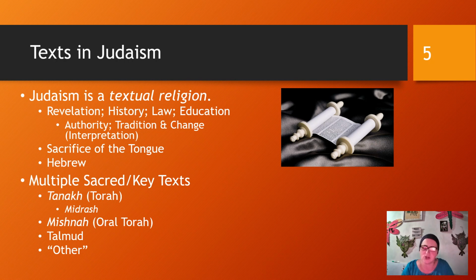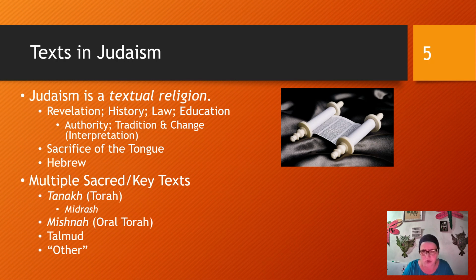Judaism is also a textual religion because it is primarily the way to know God through God's revelation in the Bible, through the details that we get about God in the Bible. It is also the main source of legendary history for Judaism. It's a source of law and a source of education.